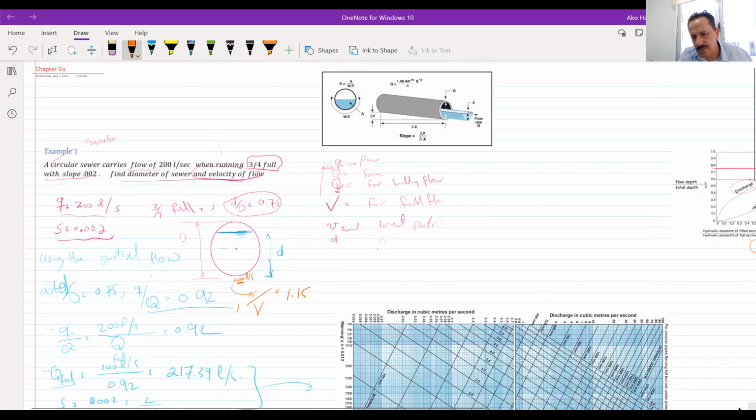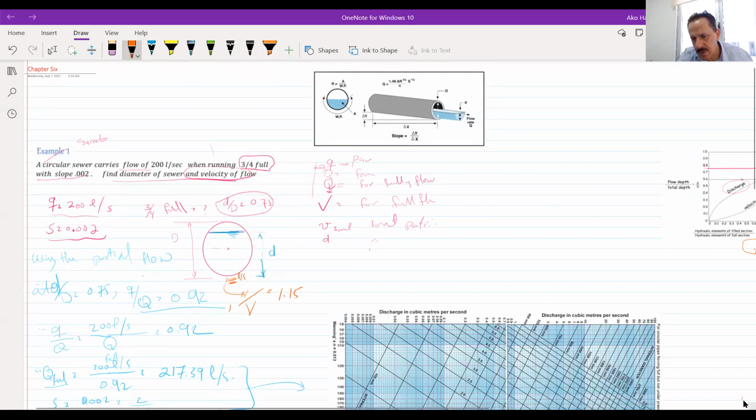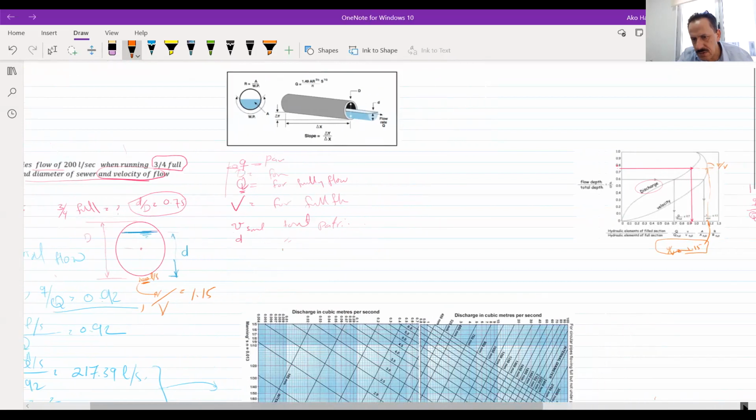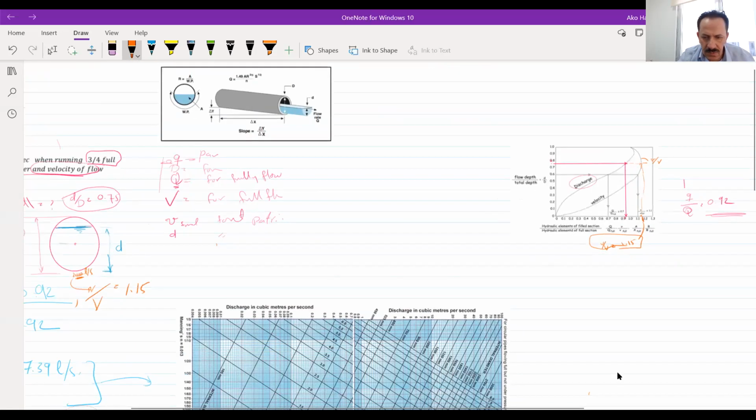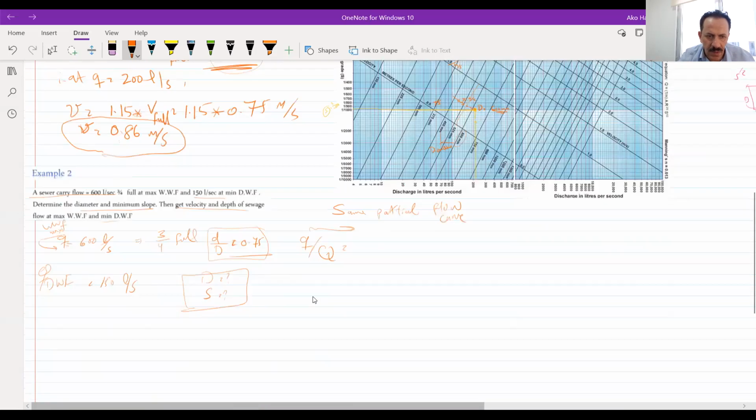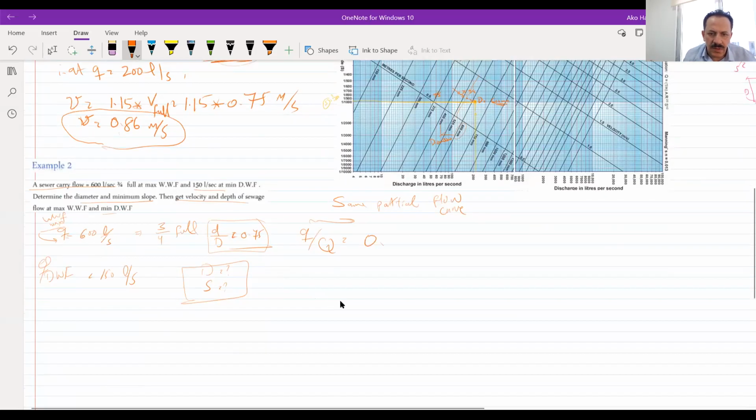It was around 0.92, I think 0.91, I don't remember exactly. And the small v over capital V will be about 1.15.